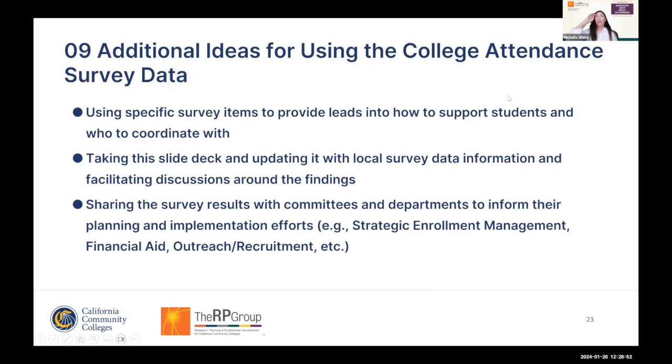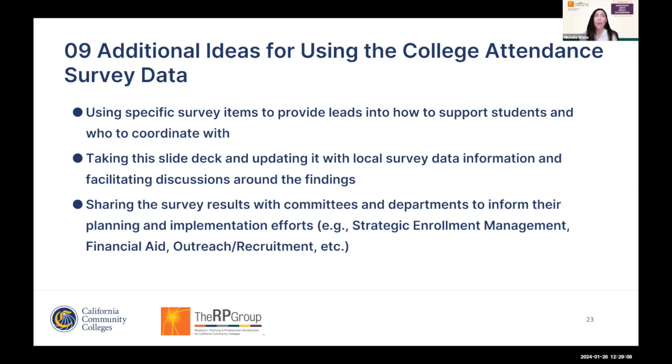We already talked about looking at those specific survey items to help provide leads on how to connect students to different supports. And the data are disaggregated. We provided technical tables in the report, which will be shared broadly in the next RP super brief.